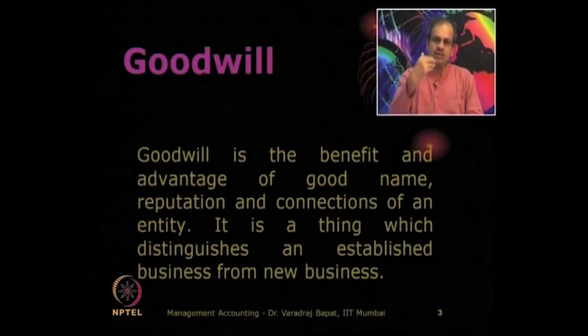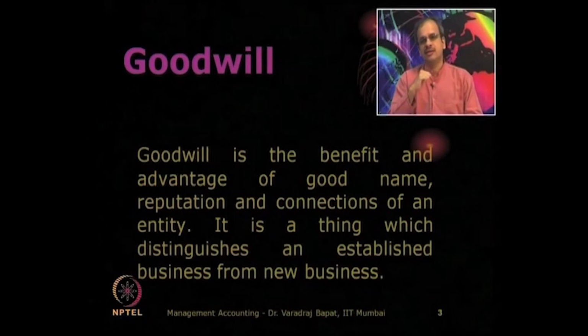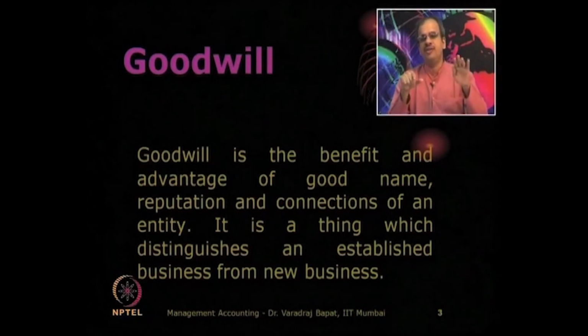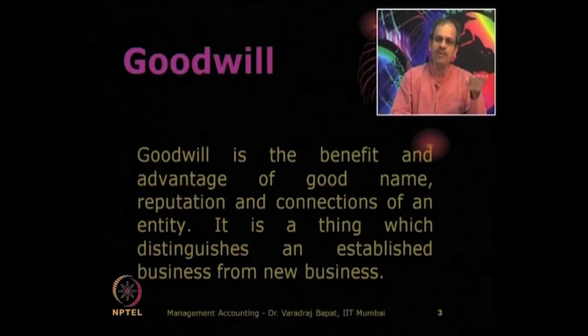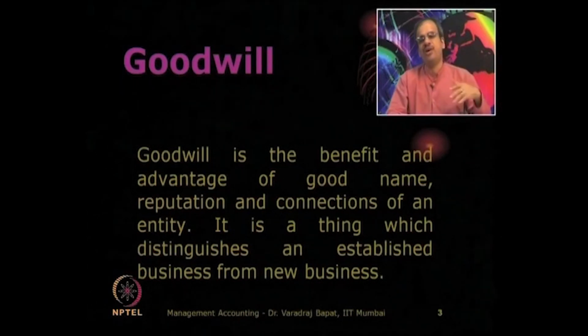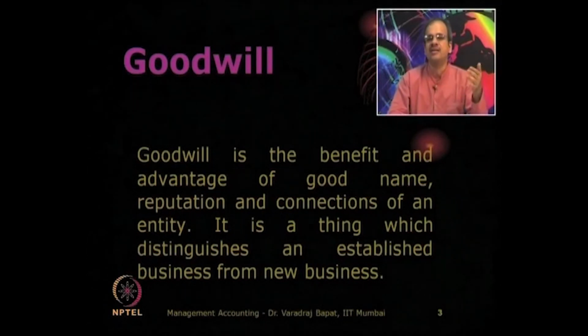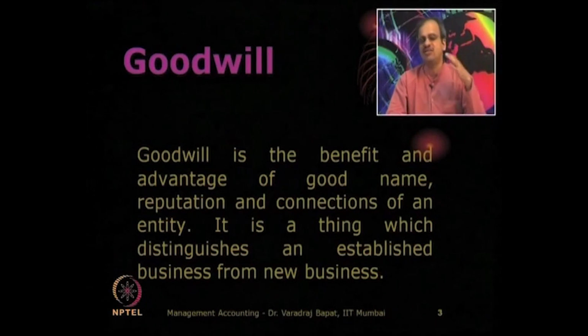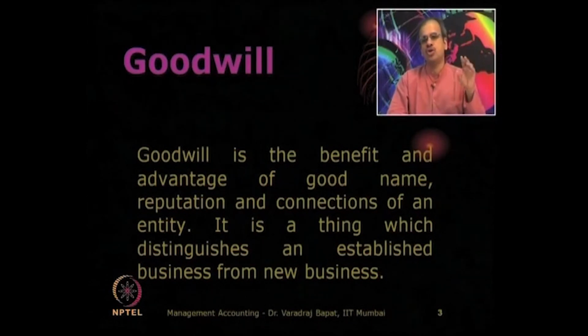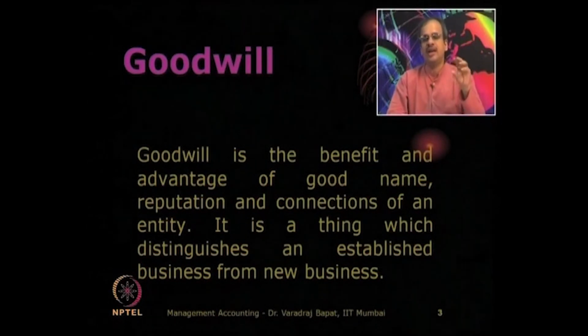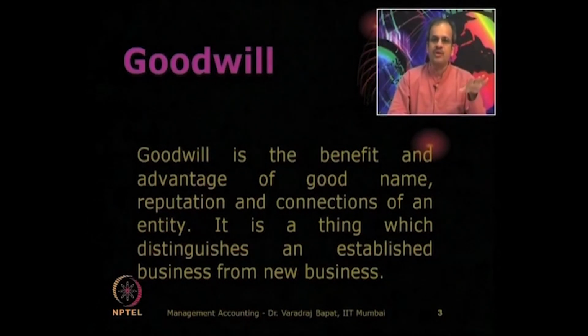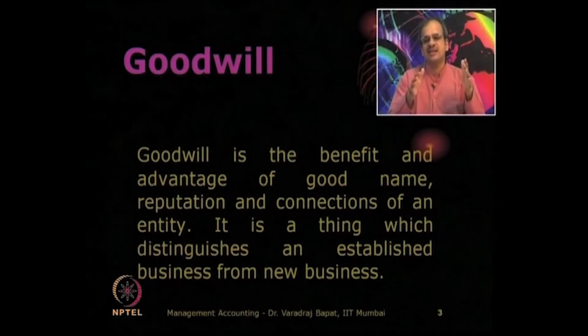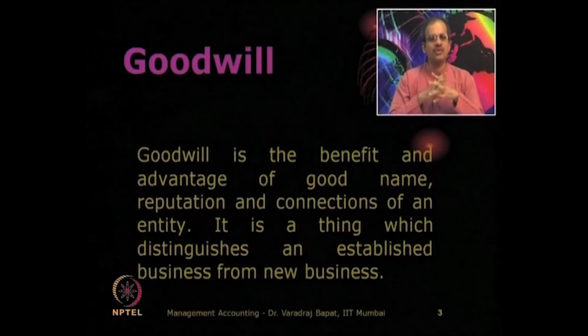When suppliers have to supply the goods, if they have already dealt with some person or some company, they prefer to supply to the same person because they know that they will receive the payment in time. They also know the party is reliable. All these factors are built into what is known as goodwill.